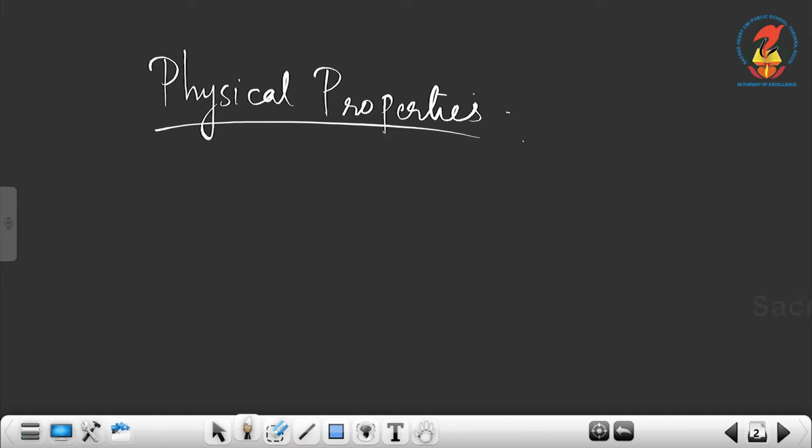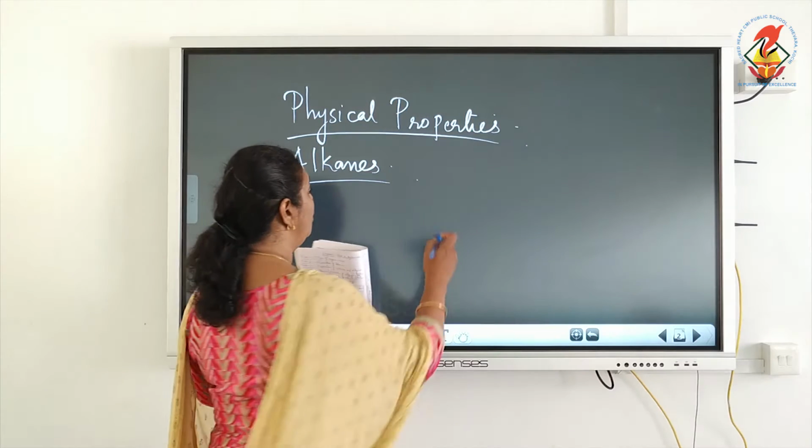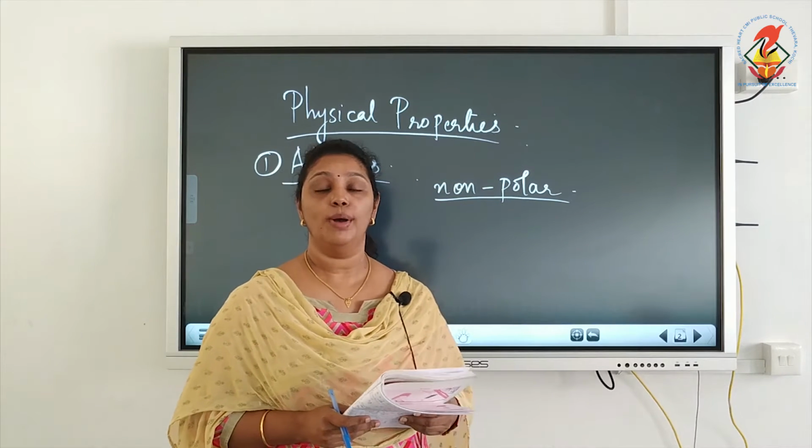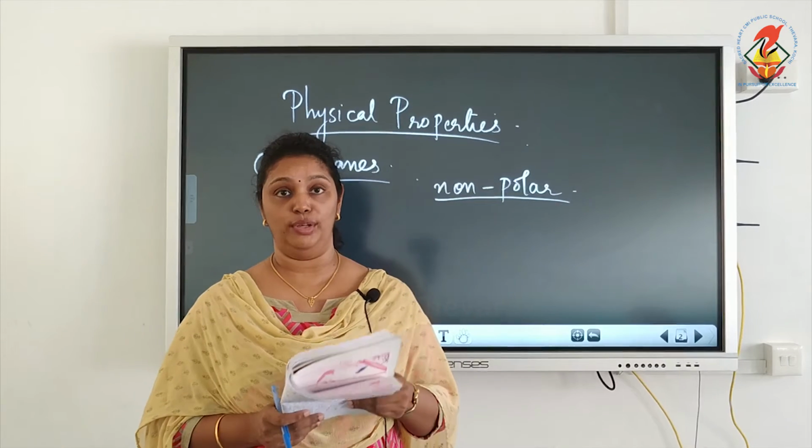First we are going to discuss alkanes. We know that alkanes are non-polar molecules. They are non-polar in nature. Now, what is the reason for this? Why are alkanes non-polar molecules?